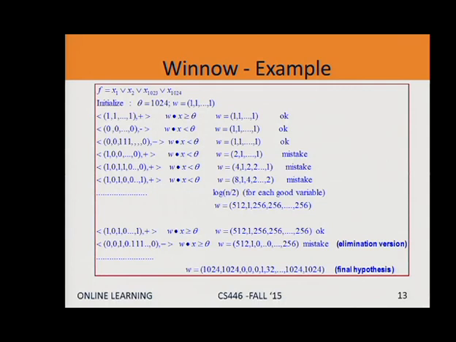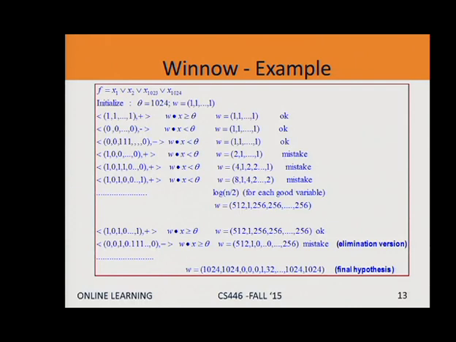So just to develop some intuition. My target function is this. I have 1,000, well, a computer science 1,000 features, and only 4 of them are actually important, but your algorithm did not know that. So I'm initializing theta to be 1024 because I know that this is n, and the weight vector is all 1s.